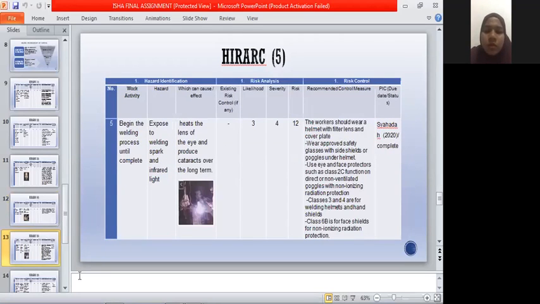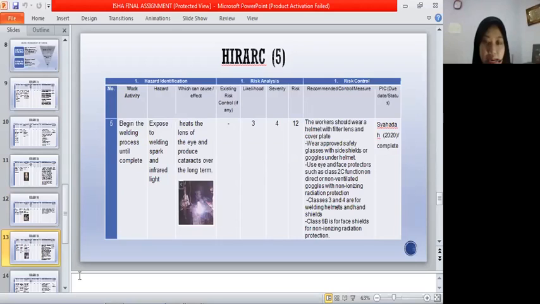For hierarchy number 5, the work activity is to begin the welding process until complete. The hazard is exposure to welding spark and infrared light, which can heat the lens of the eye and produce cataracts over the long term.